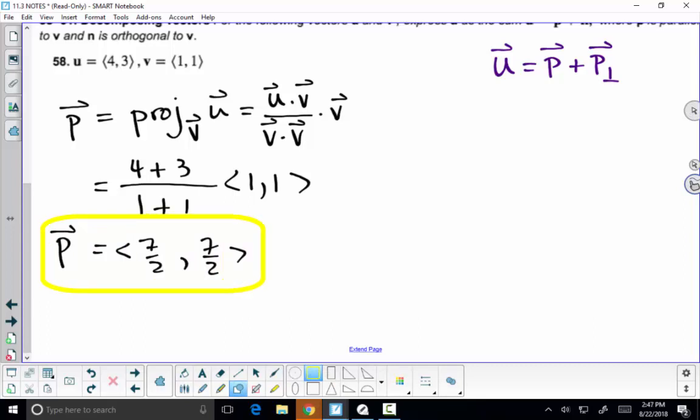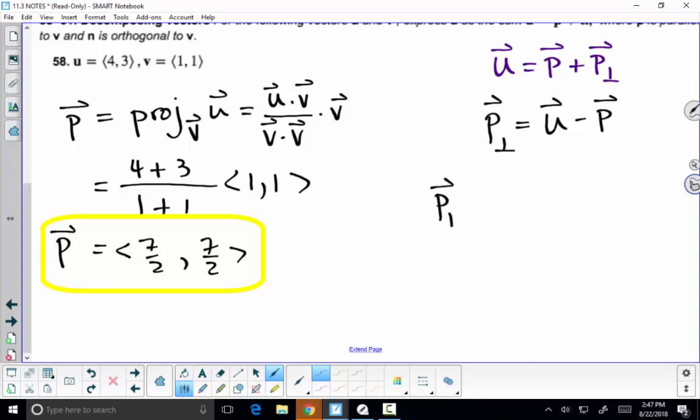And they also asked us to find p perp. Well, let's do a little algebra over here. We see that p perp is just the original vector u minus the projection vector. P perp is u minus p. So we find p perp by taking u, 4, 3, subtracting off the projection vector, 7/2, 7/2, and that is going to give us 4 minus 3.5 is 1/2.